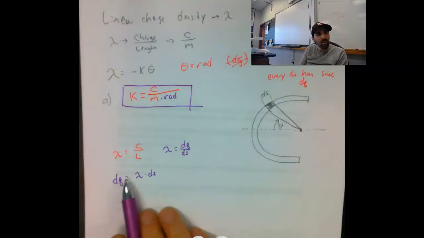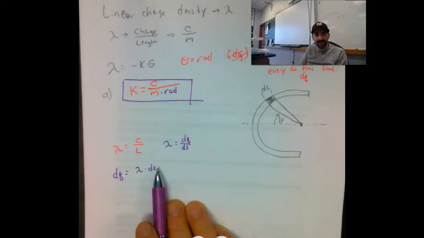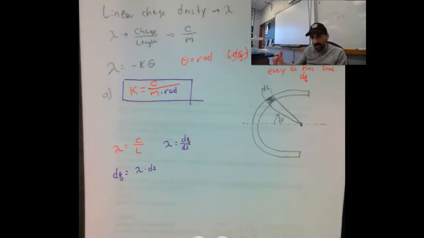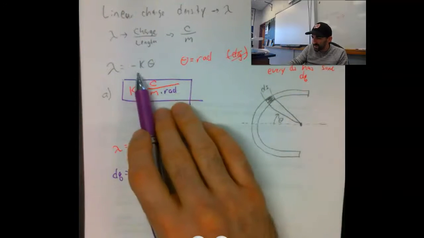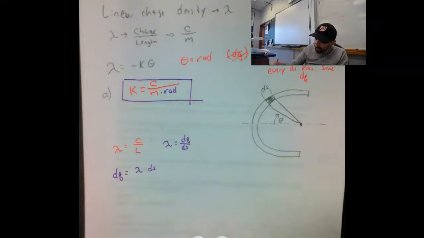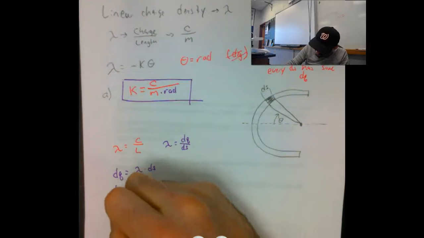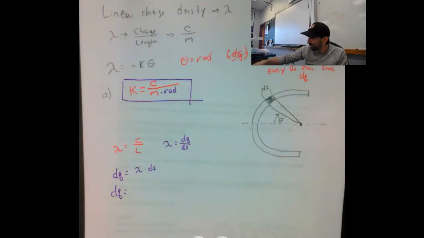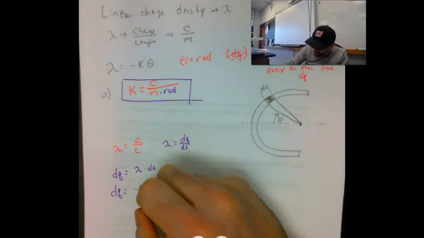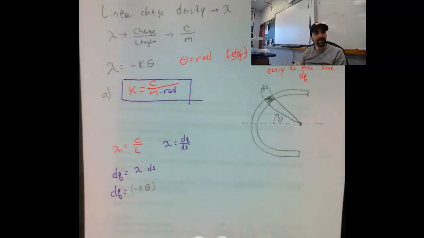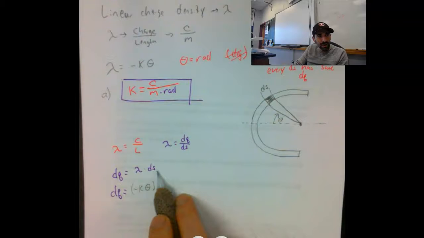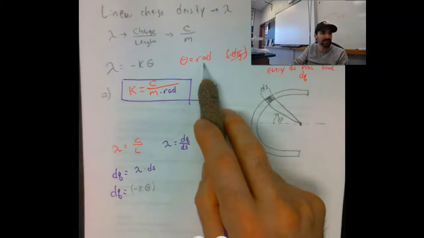All right, well, what are the things that I know about these things already? Like, what stuff do I already know? I know I was given lambda. So I know lambda, by definition, is equal to negative k theta. And if I recall arc length, I told you there was a reason why we were using radians.